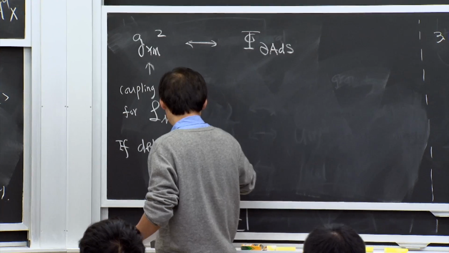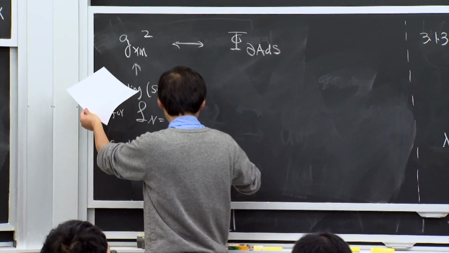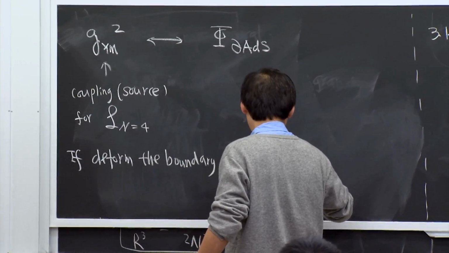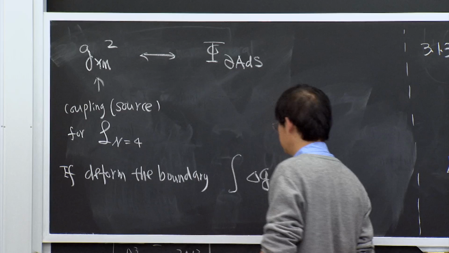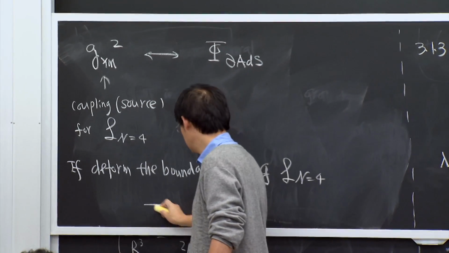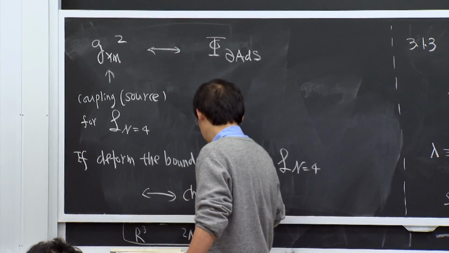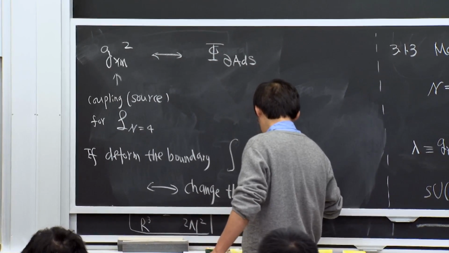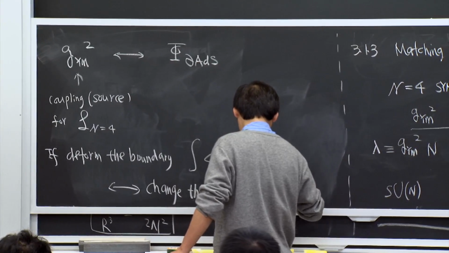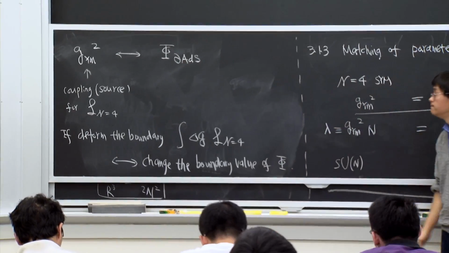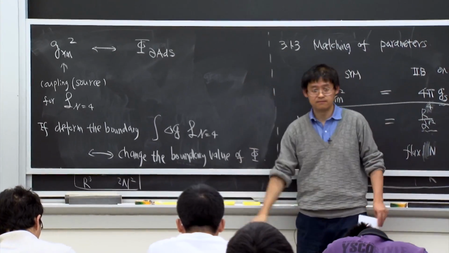Deform the boundary by changing the coupling, which corresponds to adding some delta G to the Lagrangian of N equal to 4 super Yang-Mills. And this corresponds to essentially changing the boundary value of the dilaton. Okay? Because these are related.